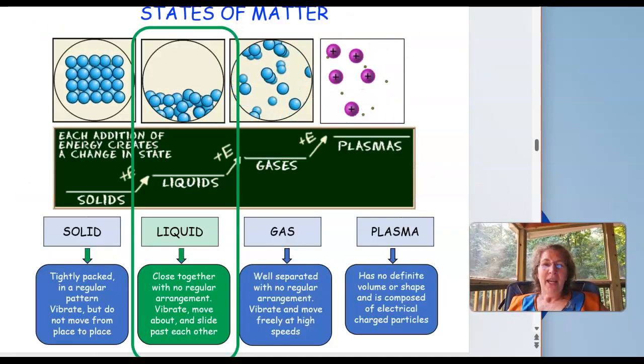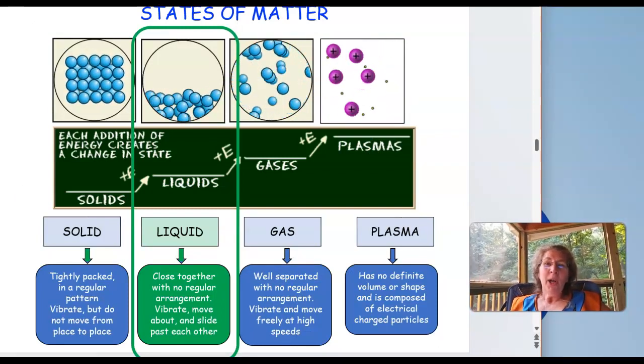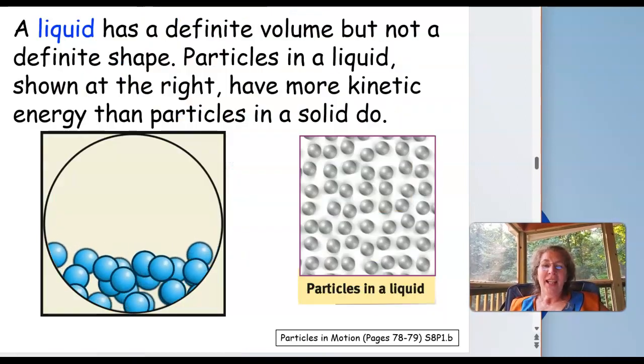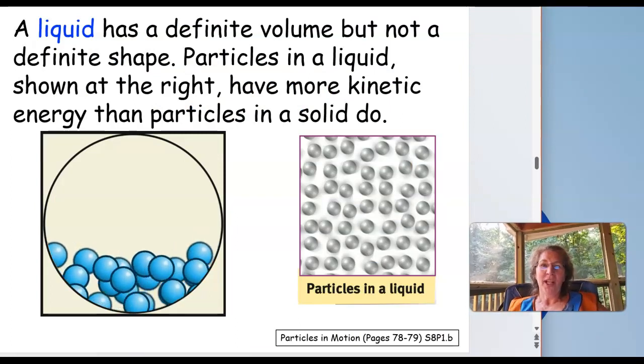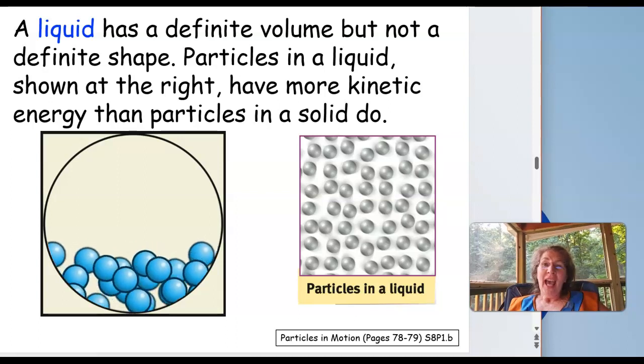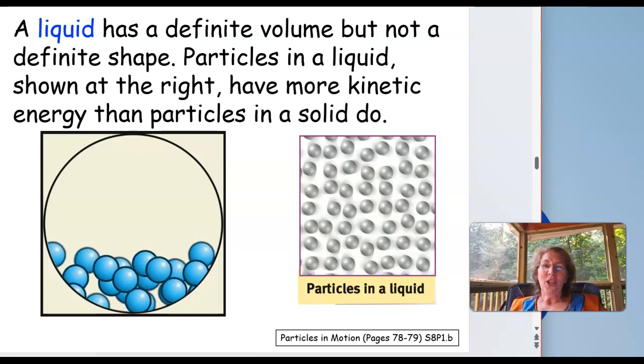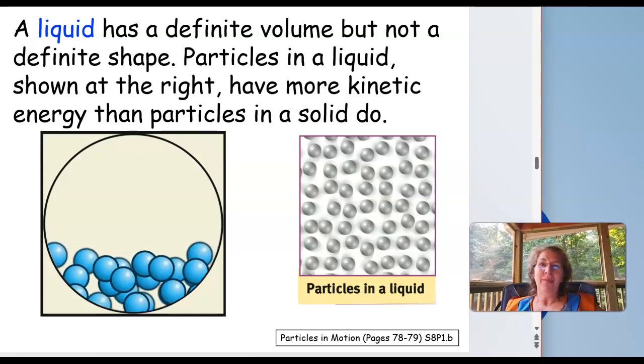The next phase of matter is a liquid. In a liquid, the particles are vibrating, but they're vibrating faster than in a solid, and they are able to slide past one another. So they have a definite volume, but they don't have a definite shape because they're going to take the shape of the container that you put them in.